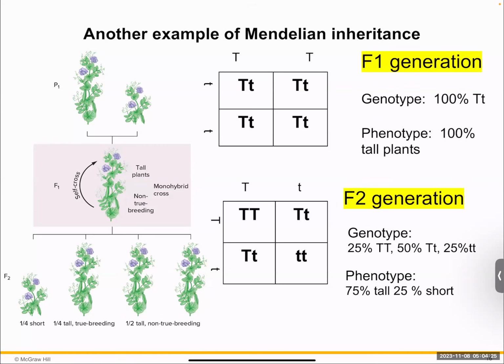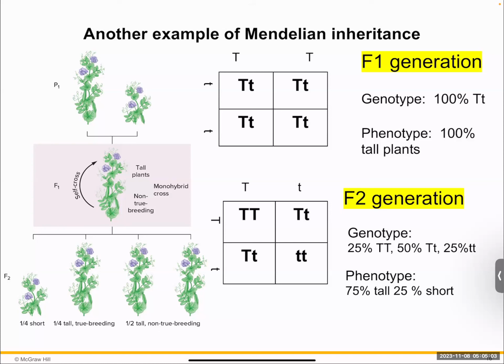Now, this is an example we already took a look at. We have used different letters, so I'm not going to repeat the same information, but we talked about the height of the pea plant done by Mendelian inheritance to be a single gene phenotype, which means that you only need one gene affecting this trait, and you only need one copy of the allele to be dominant to represent those characteristics.